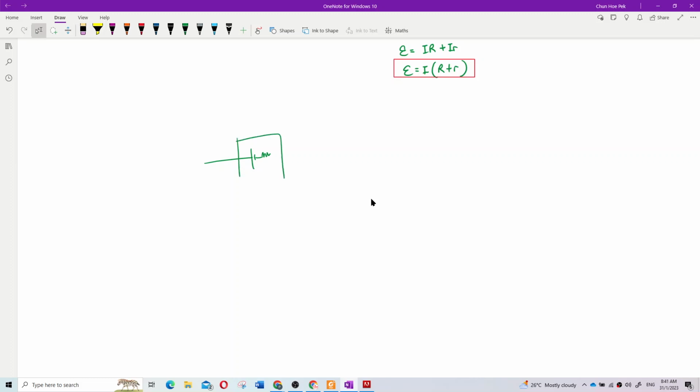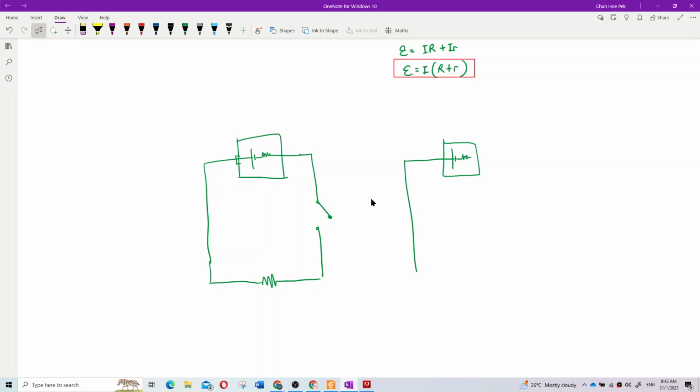There are two situations. One is where the switch is open. Another one, the switch is closed. This is the battery.